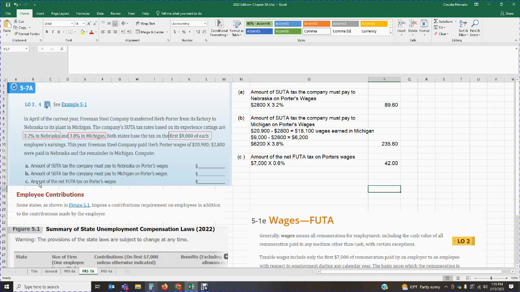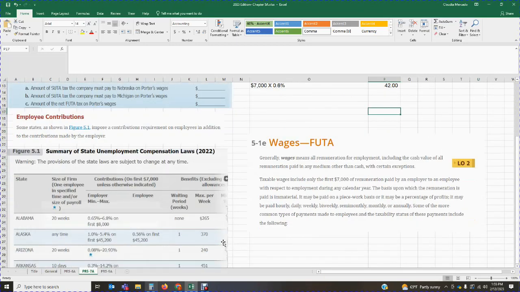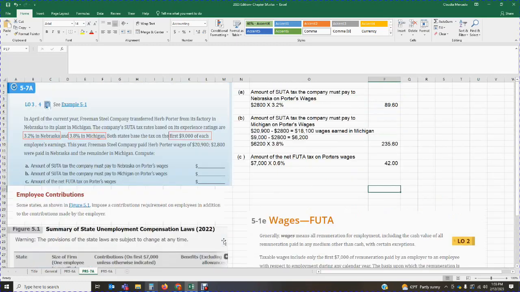The question is the amount of the net FUTA tax on Porter's wages, all of his wages. He's going to pay 0.6% on the first $7,000 of earnings, and that will give you $42. Fairly straightforward problem. It is just reading and applying the information in the textbook. Make sure that you look over all of the different information being provided so you can interpret that and apply it to the problem.